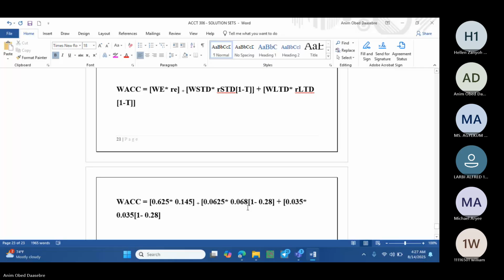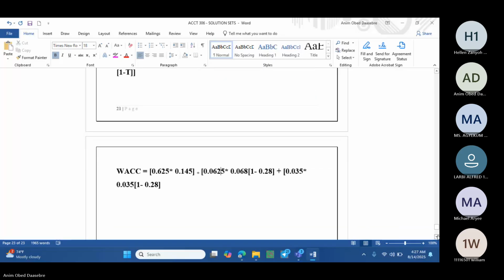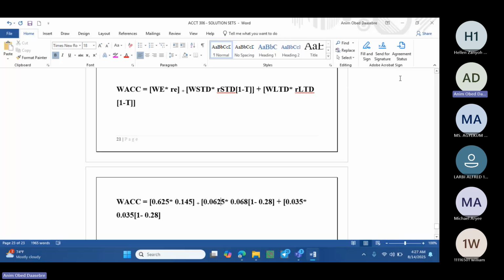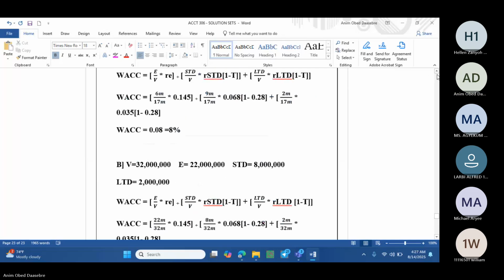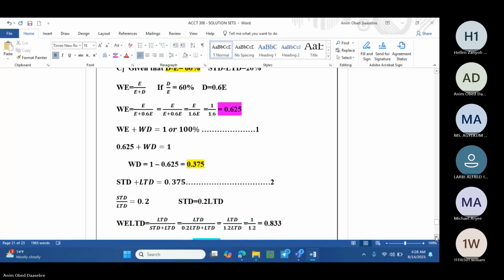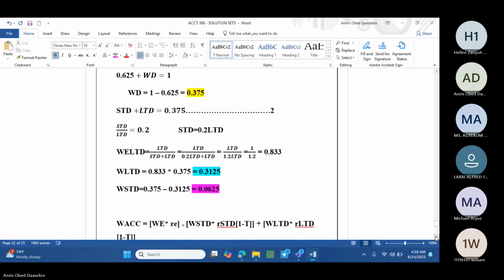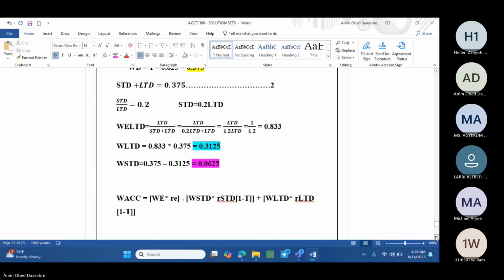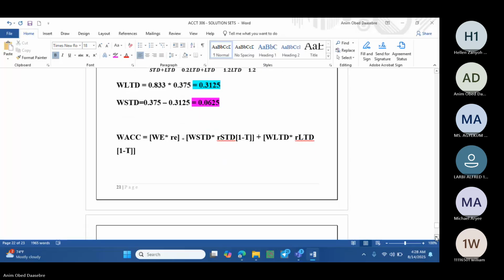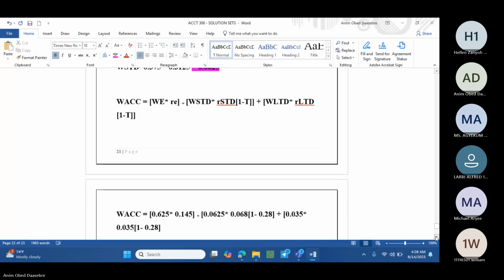Are we on board? Short-term debt, long-term debt. Yeah, so that's fine.